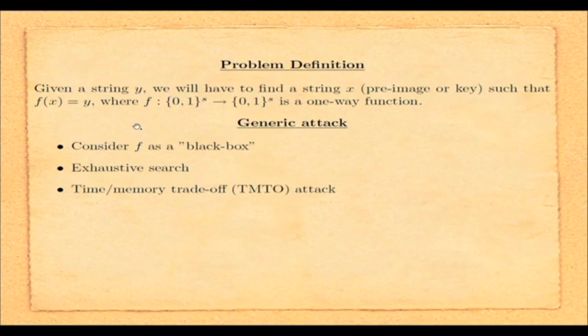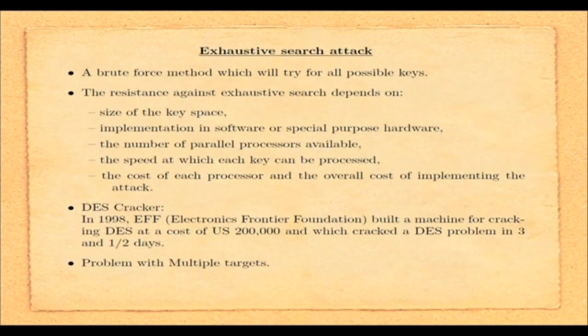We can do this in a generic way. Like we have seen the exhaustive search attack, which is the brute force method, which tries all possible keys. To resist the exhaustive search attack depends on the size of the key space. If the key space is large, it is not possible to do the exhaustive search. Then one can think of parallel processing.